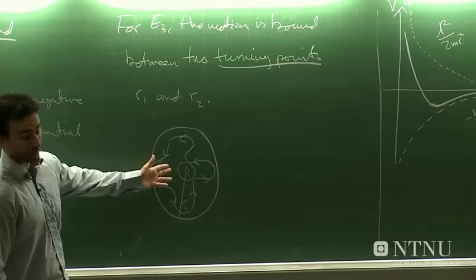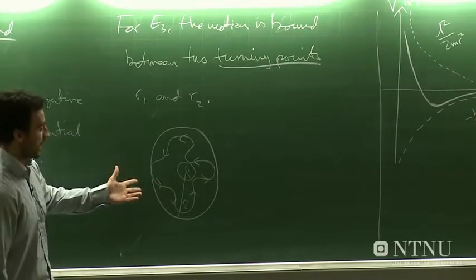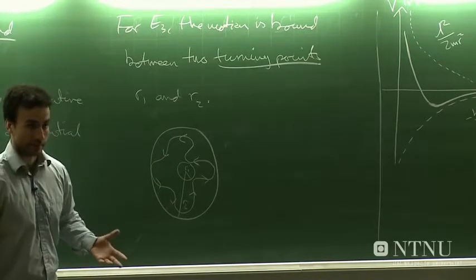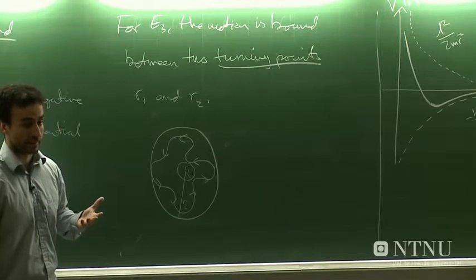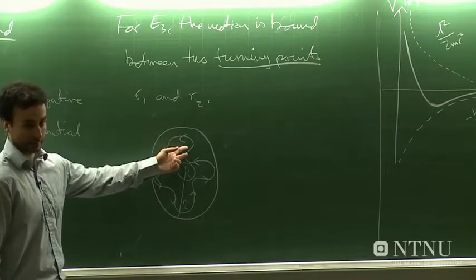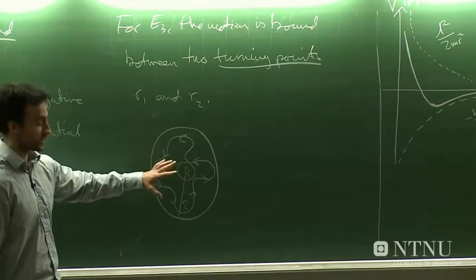Now, I just drew this trajectory as an example, and the actual trajectory that the particle has to follow doesn't necessarily have to be closed like this. But this is just to illustrate the motion.